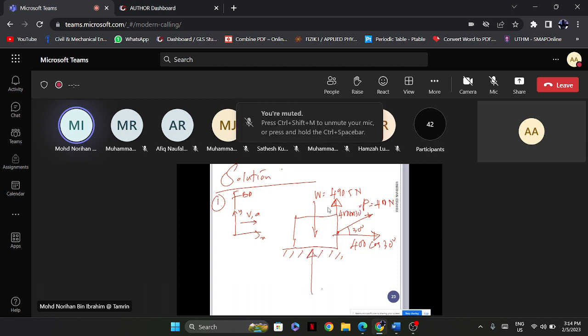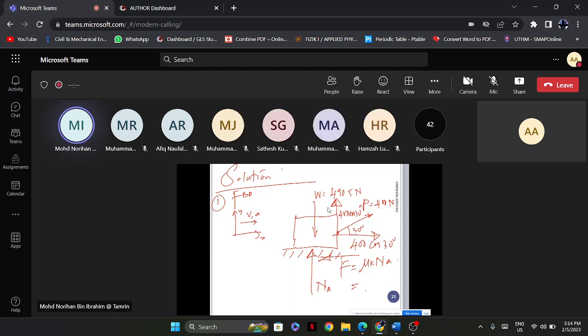And don't forget about the normal force of N_A, and also the frictional force of F is equal to, which in this case, also called the frictional force.